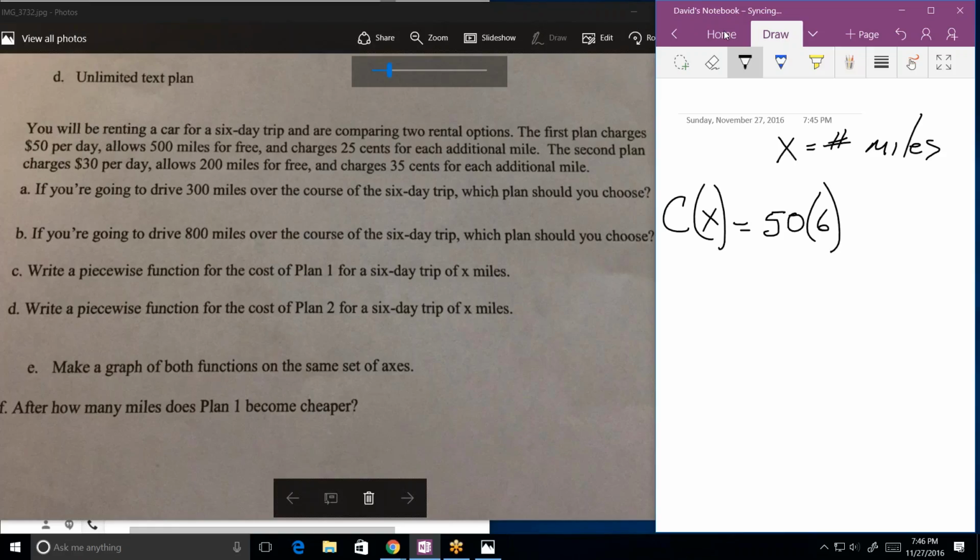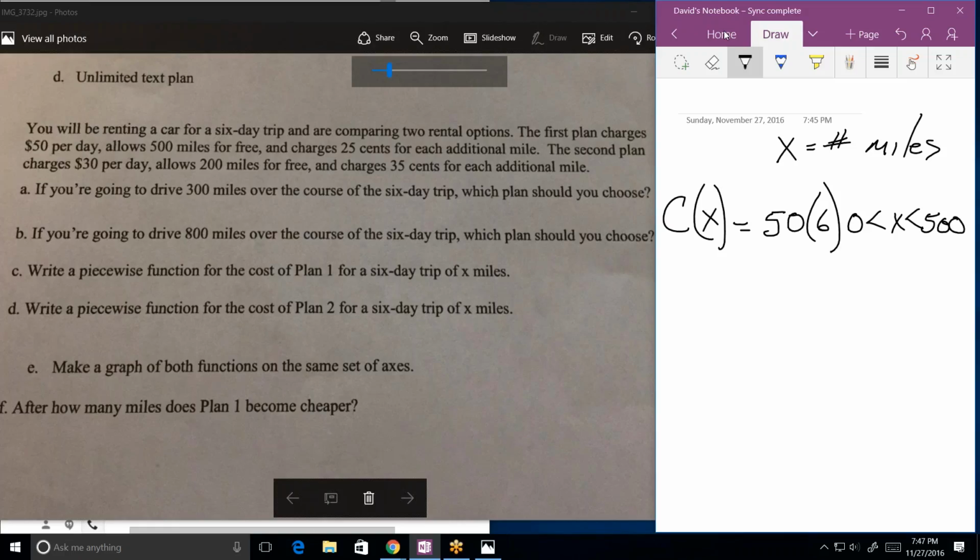In other words, it's 50 times 6 as long as X is greater than 0 and less than 500. Right? In other words, if you go 499 miles, you get 500 miles for free. There's no additional charge.